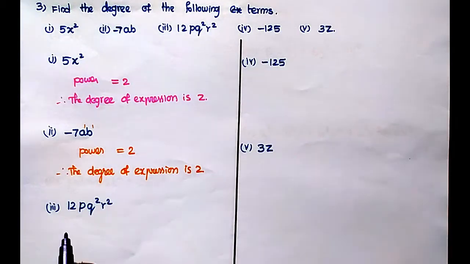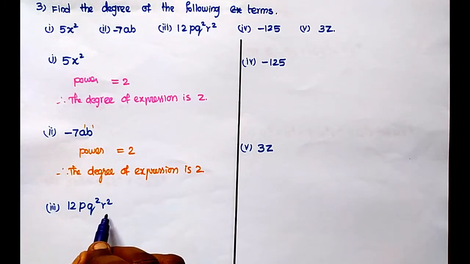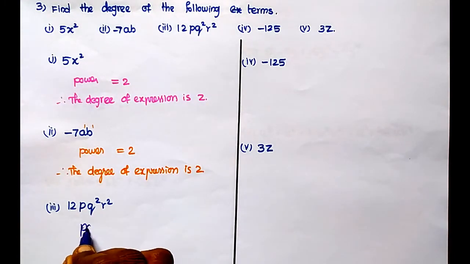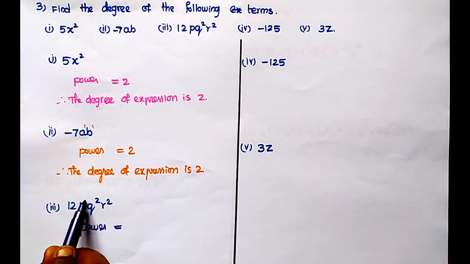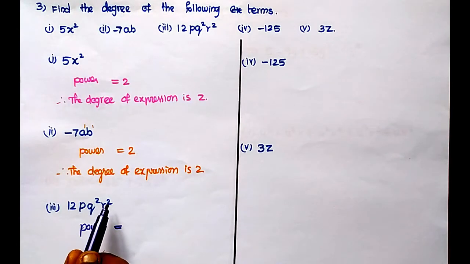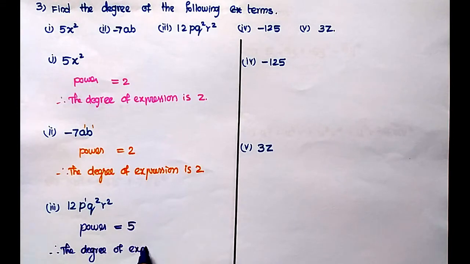Next one, 12 pq squared r squared. Listen, add these powers, 1 plus 2 plus 2. Here 1 is there, so 5. Therefore, the degree of the expression is 5.